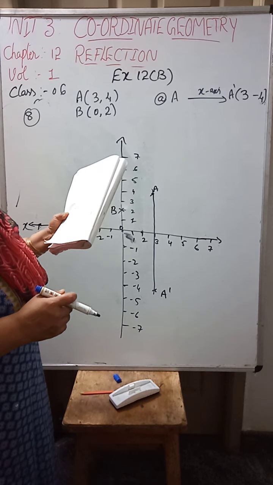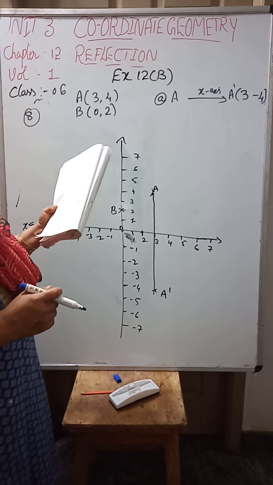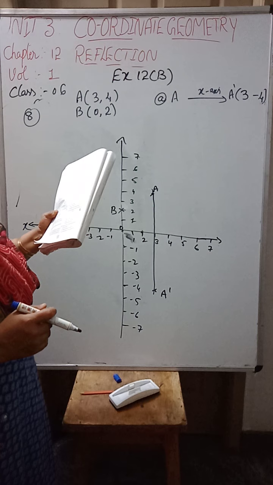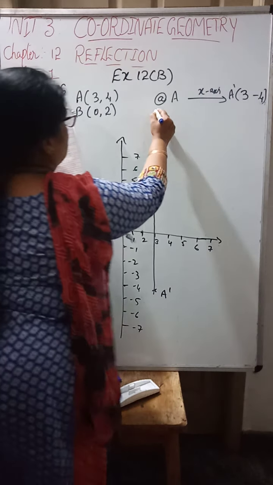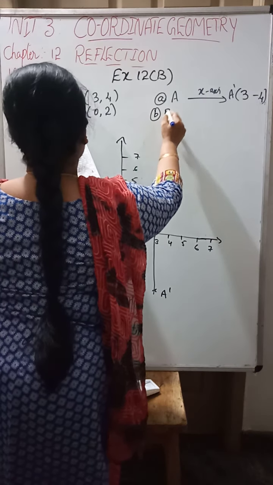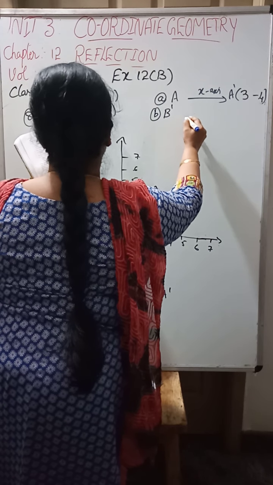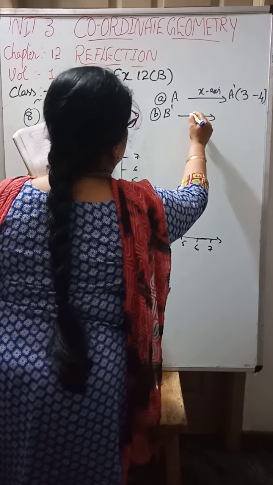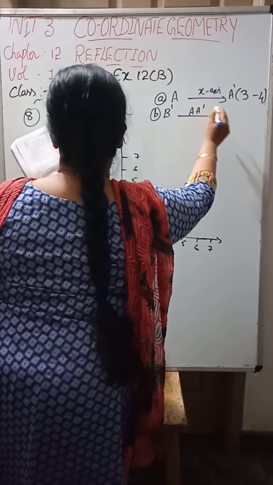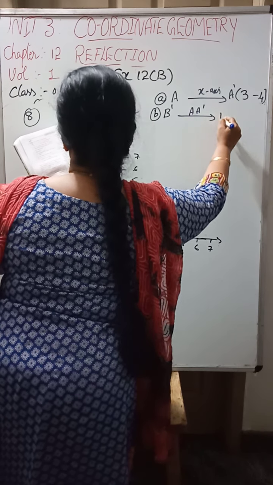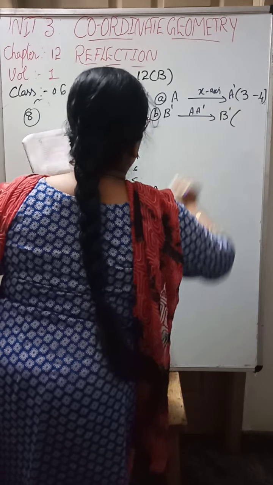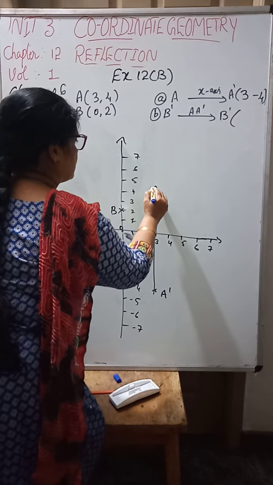Now B dash of B under the reflection in the line A dash. Let us see what we will get.